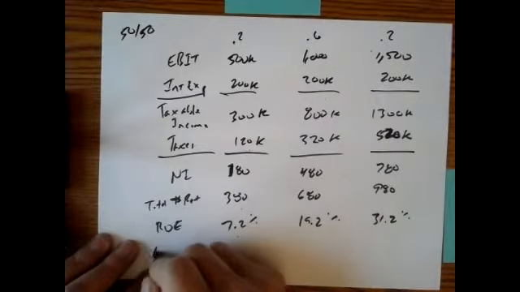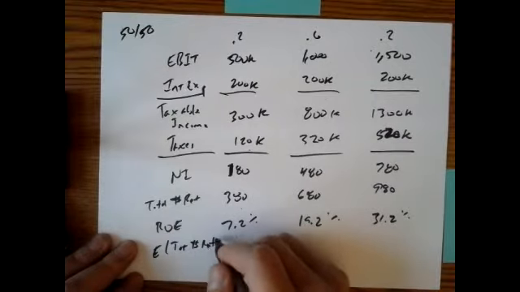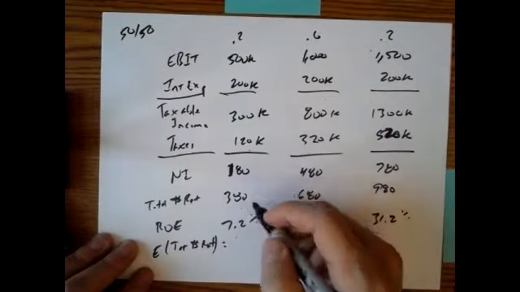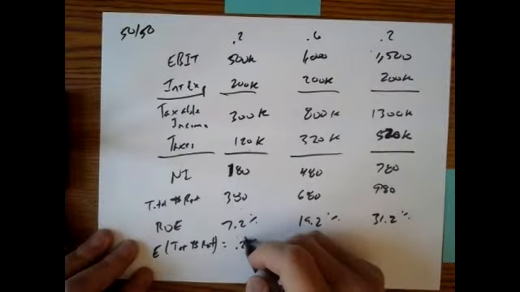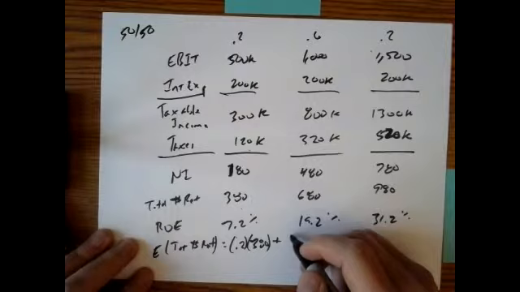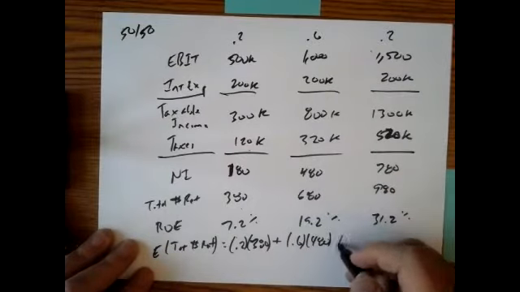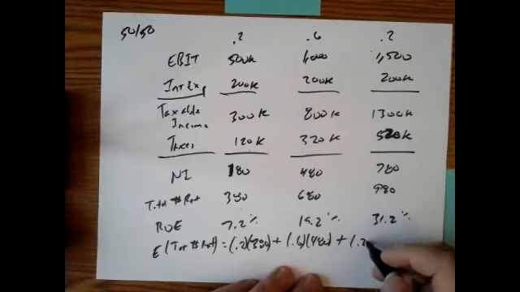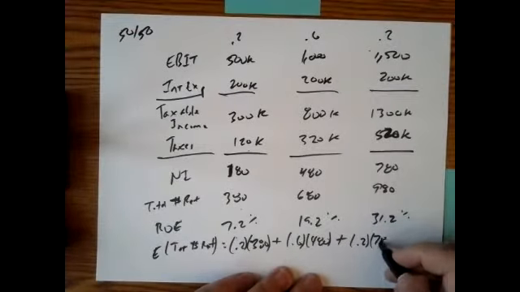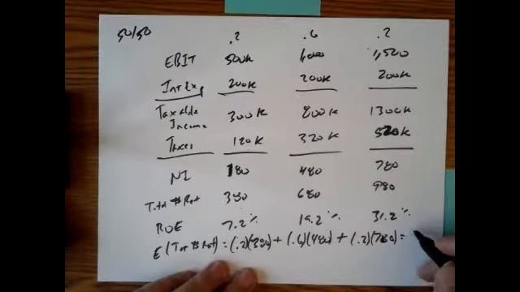And so the expected total dollar return would be 0.2 times 380 plus 0.6 times 480 plus 0.2 times 780, which would give us 680.